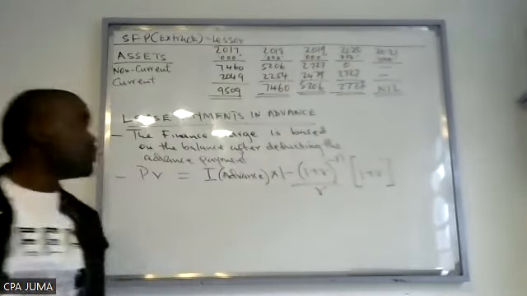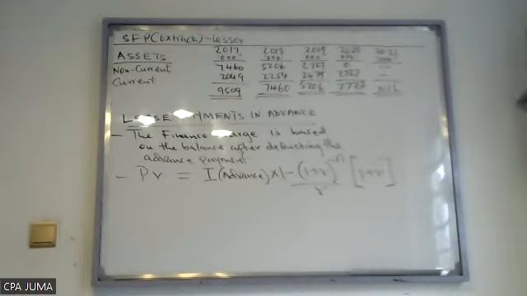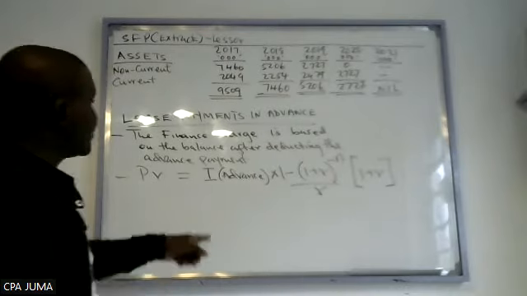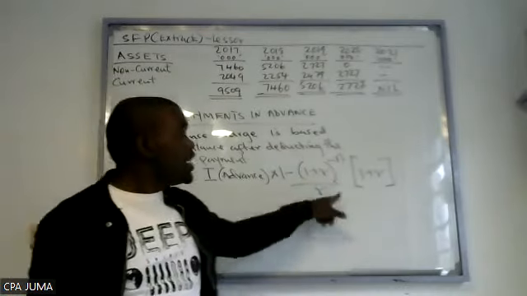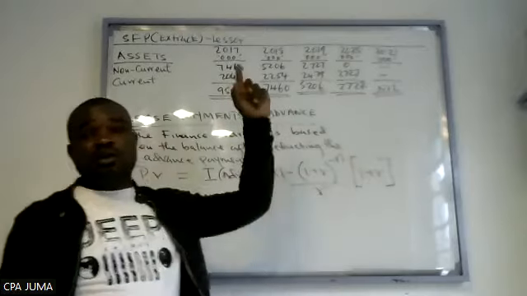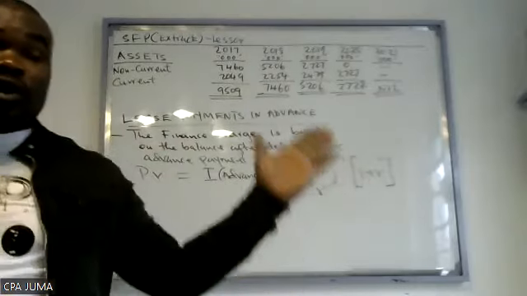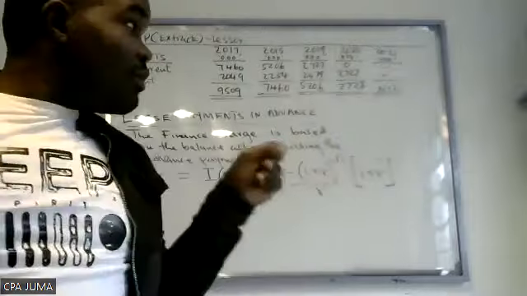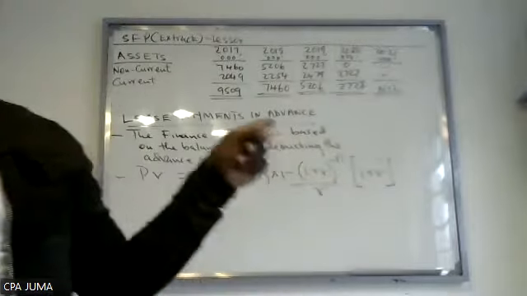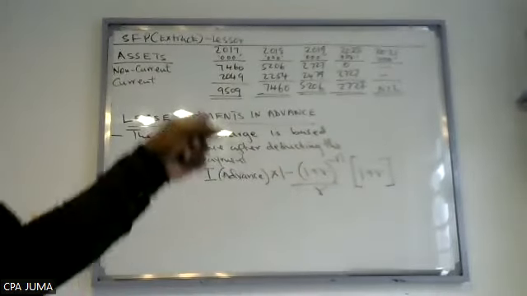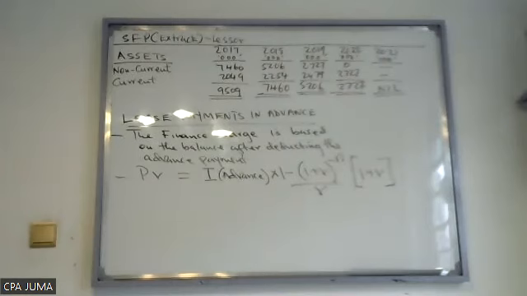That is how you discount advance payments. So it's the same as in arrears, except this one here. That's how we discount for it. That's how you discount for advance.